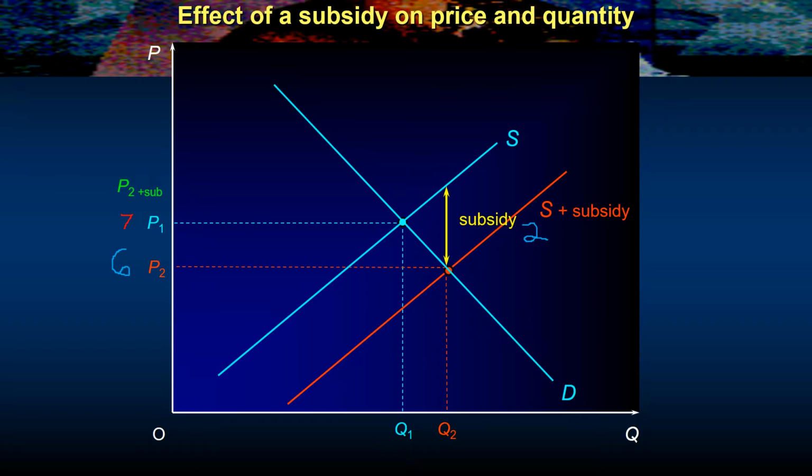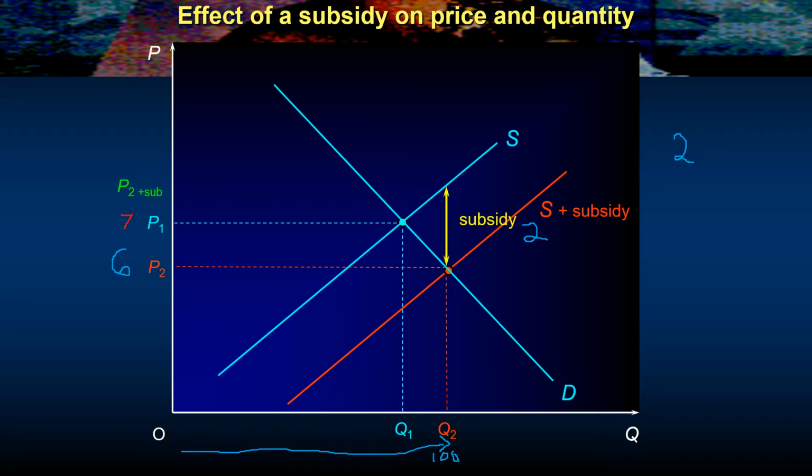So how much is the government spending is our first question. Well, the government is spending 2 on all of the units that are being produced, which is now Q2. Let's call that 100 units. So the government are spending 2 on every unit, and 100 units are being bought and sold.